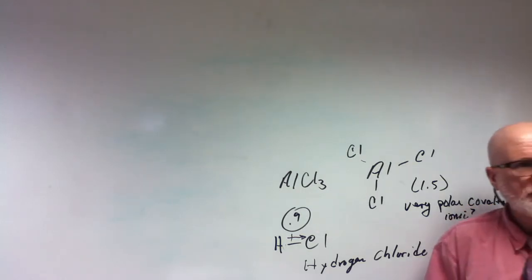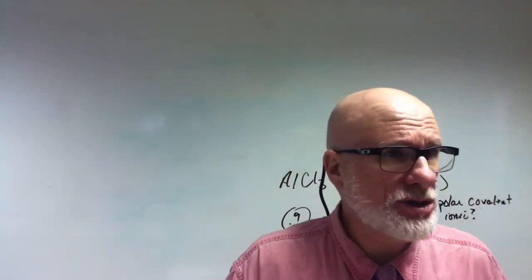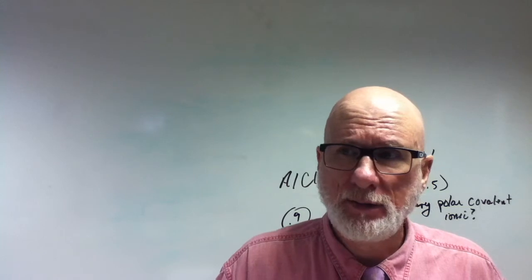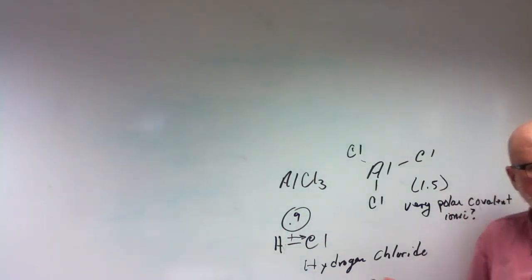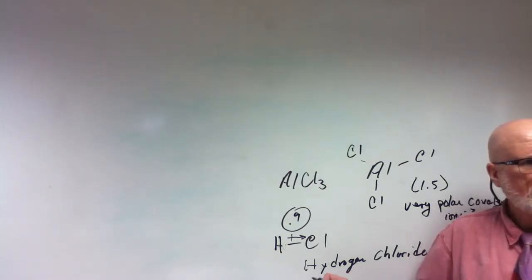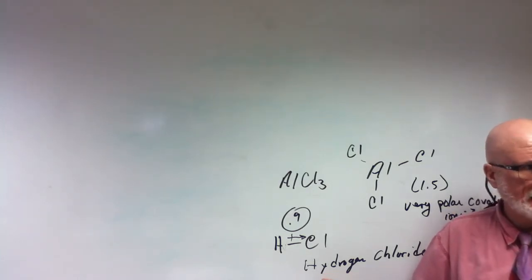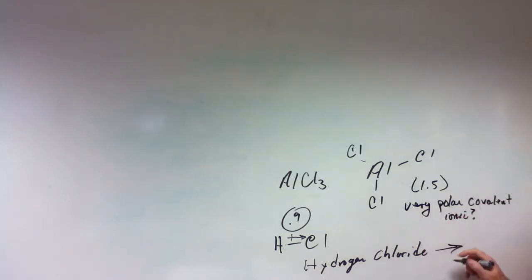Could be ionic. This is what I was about to say: under certain conditions it could be ionic. Under what conditions is hydrogen chloride ionic? If I bubble hydrogen chloride gas into water, it becomes hydrogen and chloride ions.